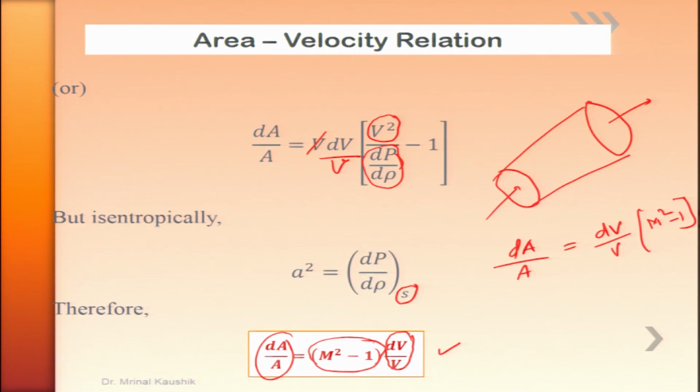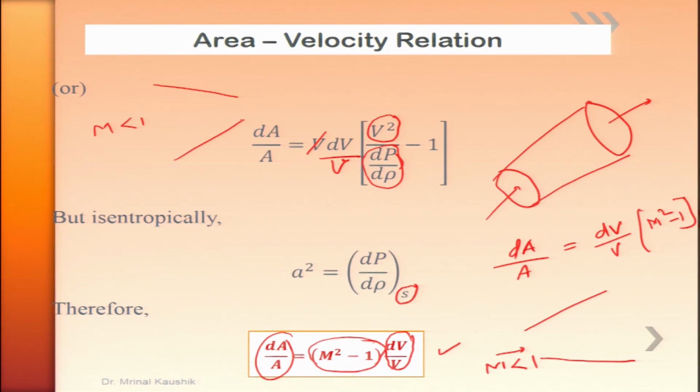That means if the incoming flow is subsonic and you are diverging the passage, that is one consideration, while the second consideration is that the incoming flow is still subsonic, whereas you are converging the passage.